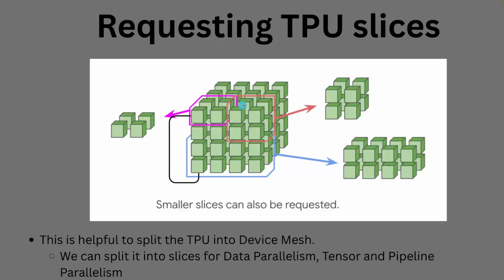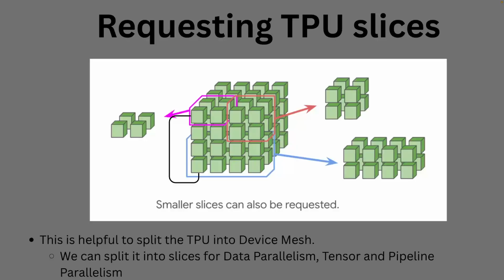Suppose you are doing data parallelism, so you can access 2x2 here, 2x2 here, at the back, here, here, and here. So you can shard this entire pod into 4 data parallel shards, which will process data independently.